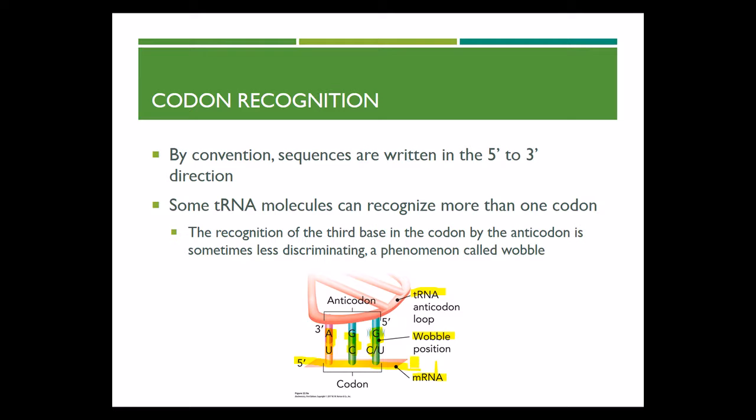This means the first two positions on the codon have to do your conventional base pairing, but the third position in the codon will experience some variation, and we do not have to do traditional base pairing. So with this less discriminating position, we have a little bit more flexibility.